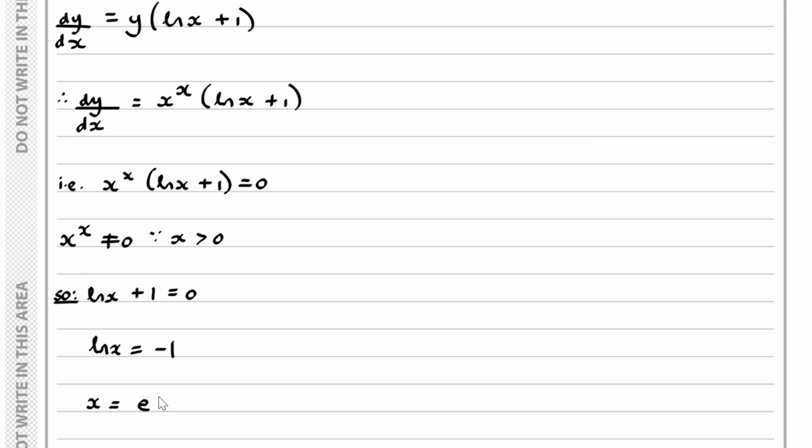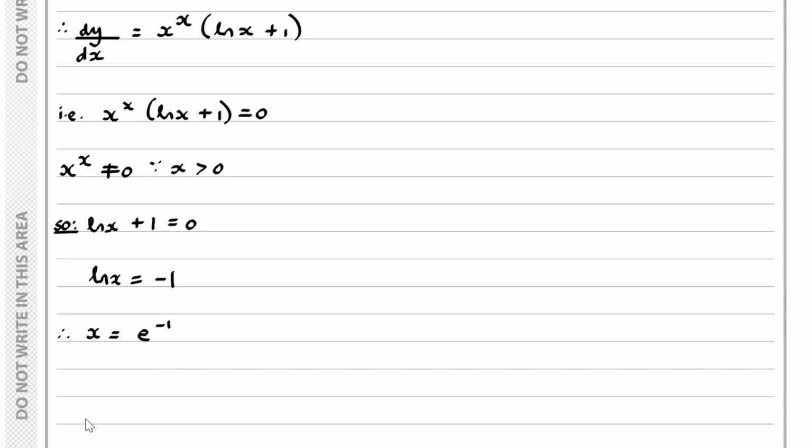X is equal to e to the minus 1. So the x coordinate of the turning point of C is e to the minus 1. So this over here is the x coordinate of the turning point of C.